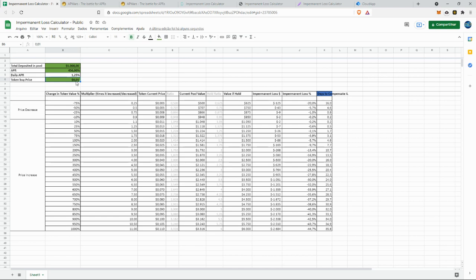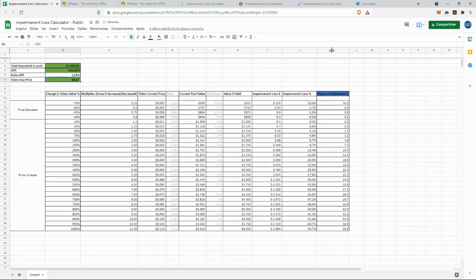It really doesn't matter which token you use, okay? This sheet here is for liquidity pools that use a token and a stable coin. This will make it easier, and we'll explain later how you can do the math if you don't want to use a stable coin and want to use a different token.